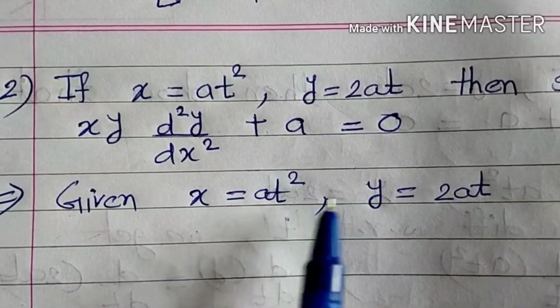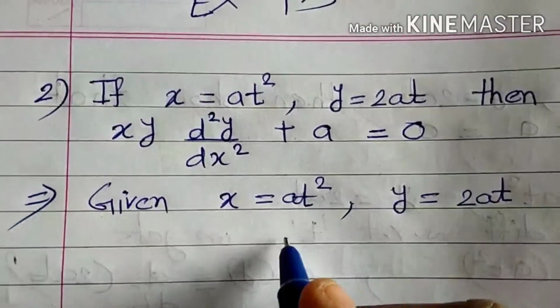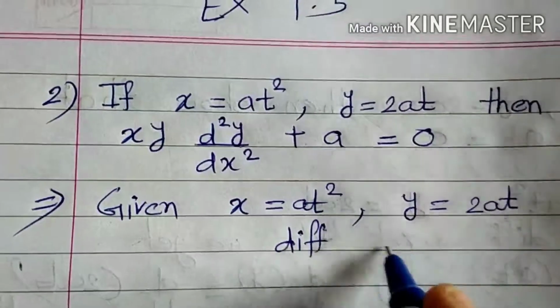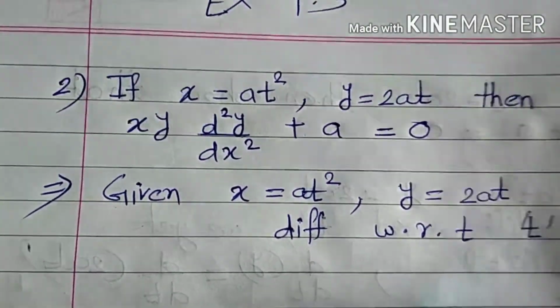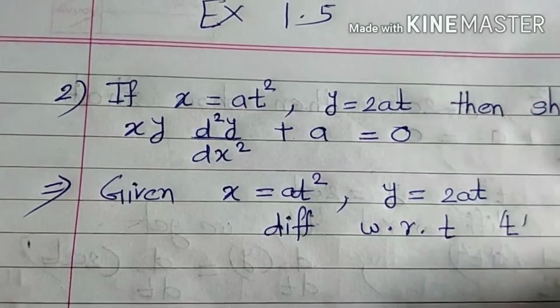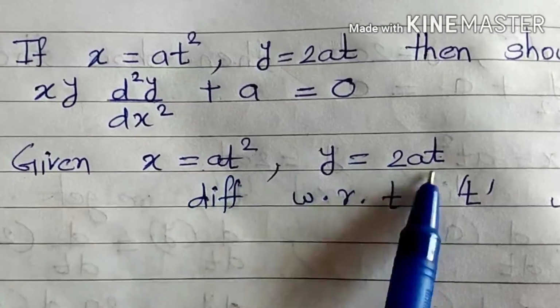Now here t is a parameter, so we have to remove this parameter first. So differentiate with respect to t. We get, simultaneously we differentiate both equations.